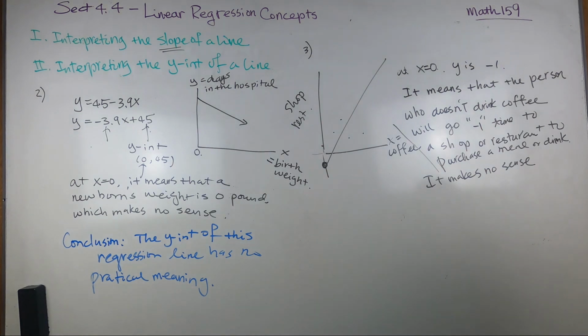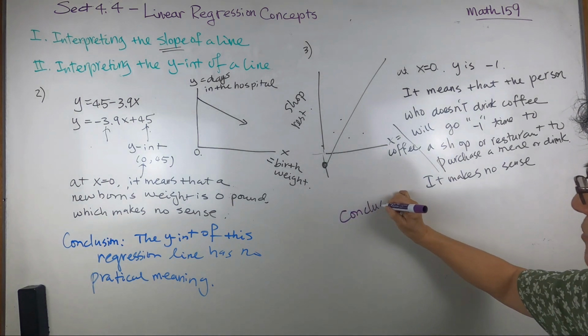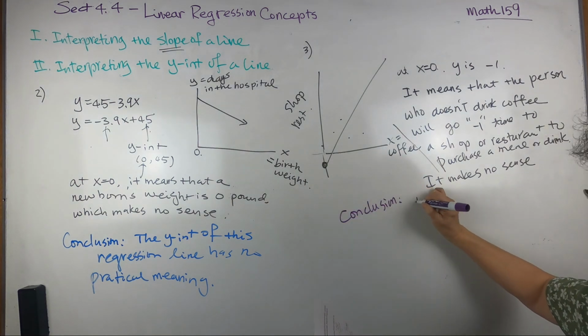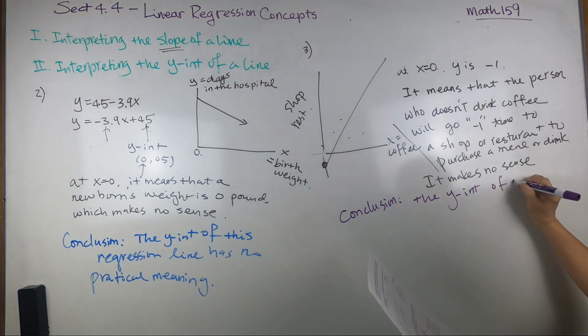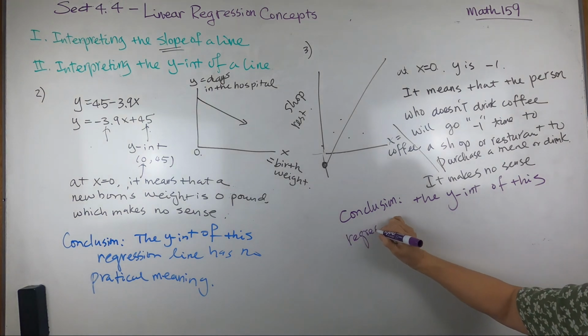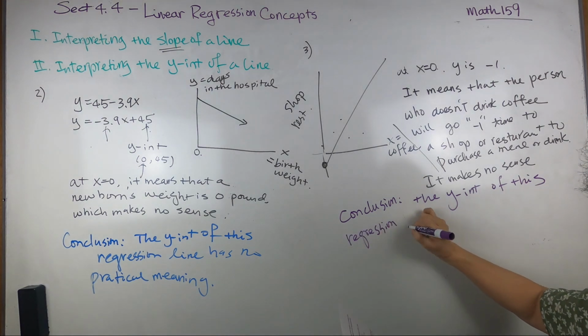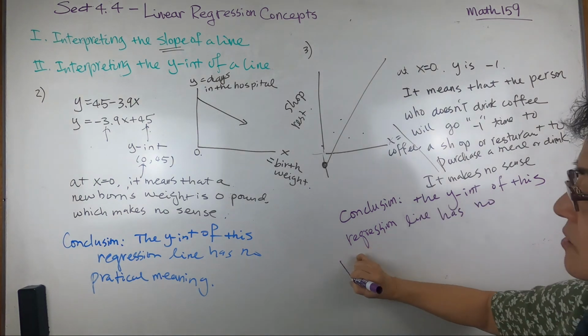So what kind of conclusion can we make, interpreting the y-intercept of a line for this case? The conclusion we will make is that the y-intercept is not making sense, okay? The y-intercept of this regression line has no practical meaning.